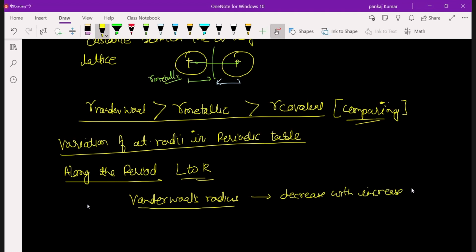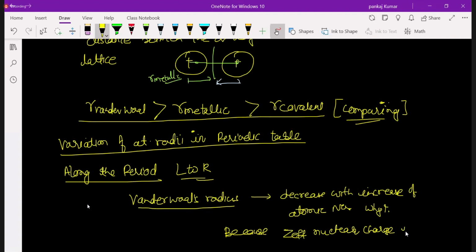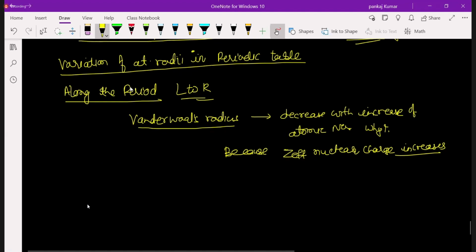Why will it decrease? Because the effective nuclear charge is increasing. When this charge increases, size becomes smaller. Understood now? This is one point.